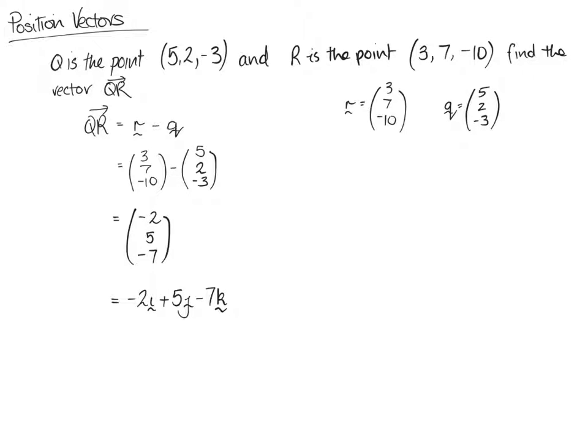Okay, there's one last thing that we'll see quite often in terms of position vectors, so I'll do an example of that as well. We can quite often be given one coordinate and asked to find a second one.